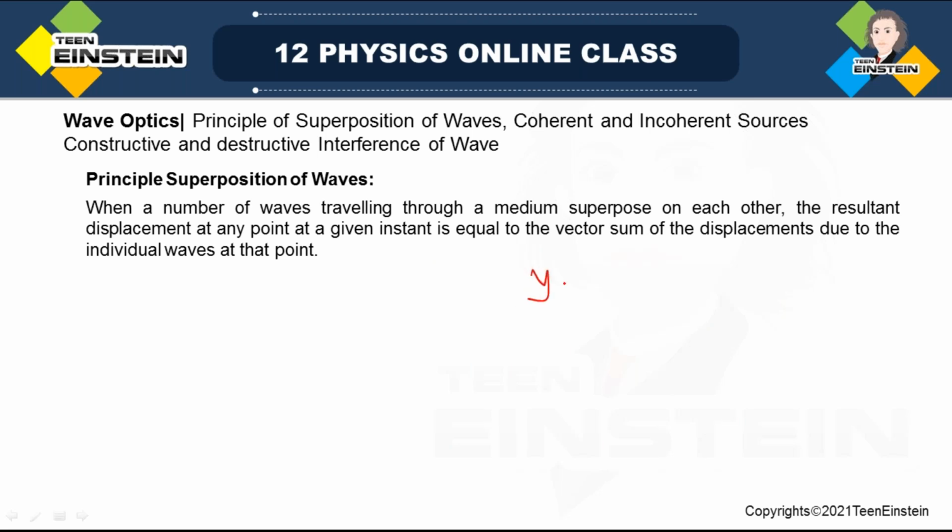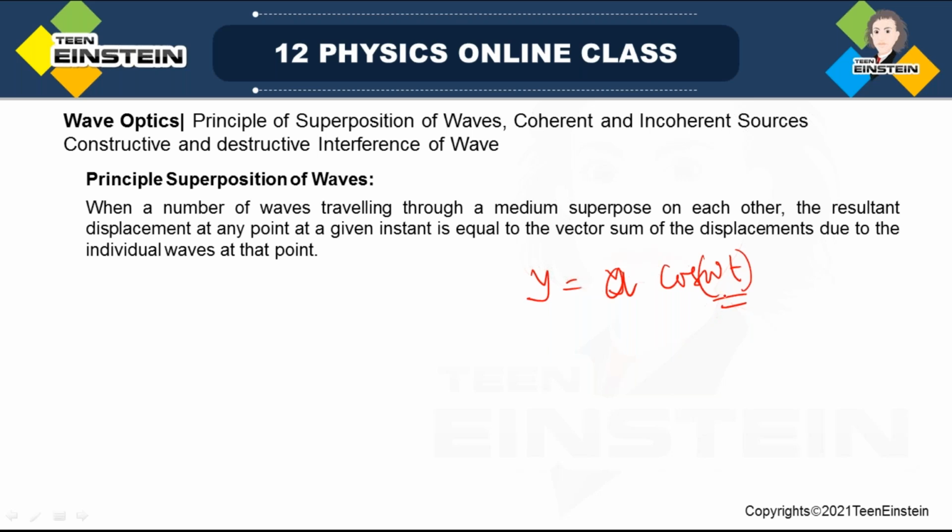Phase. As I had written here, y is equal to a sine or cos. Maybe I'll write cos, let me stick to the same expression, cos omega t. So this factor is called the phase factor. Phase means the factor or quantity which can tell you all the information about the motion.